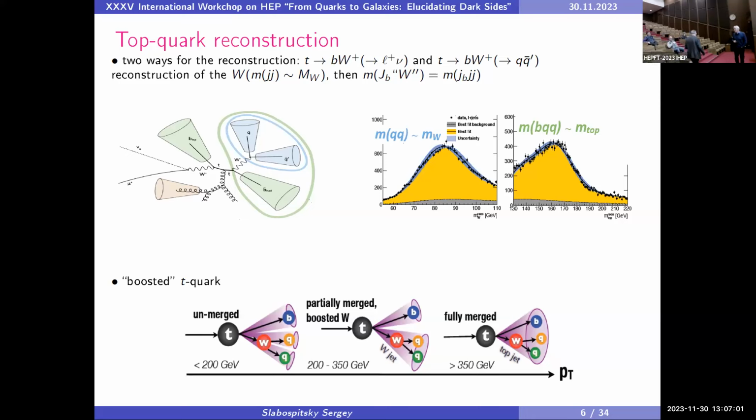And the same picture we should expect if we try to reconstruct directly the mass of the top. So the naive expectation, if we use the definition of the width at half of the height, is about several tens of GeV. Therefore, we cannot use the traditional way to reconstruct the top.